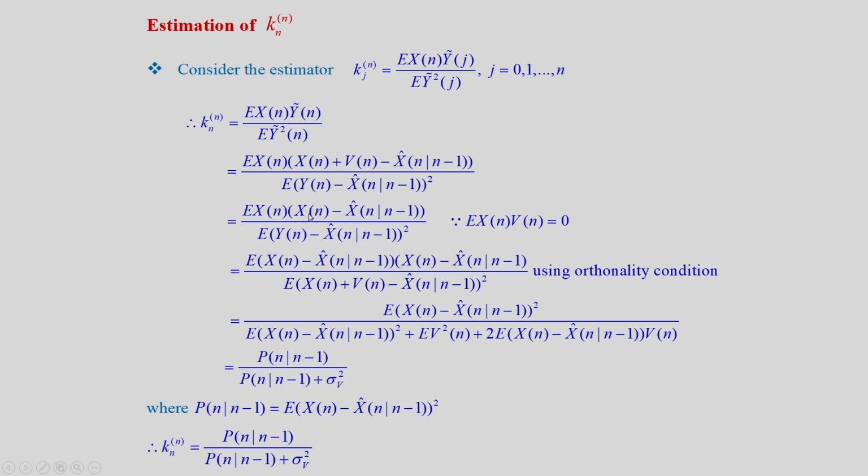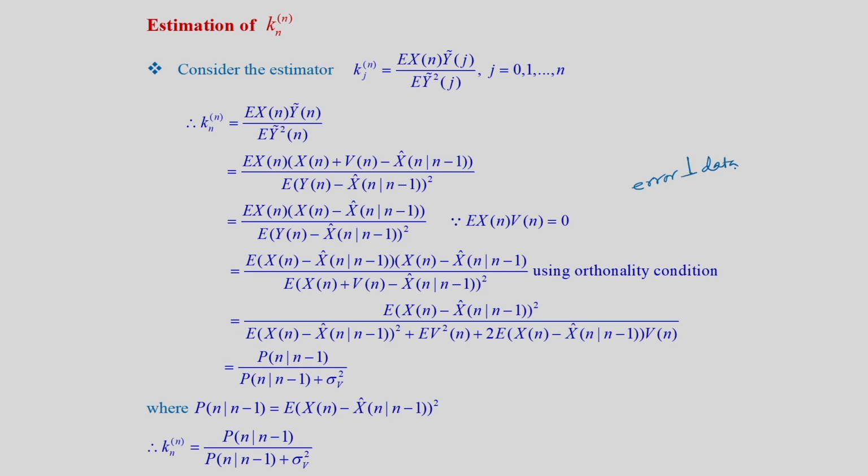So, instead of this expression, now we can write this as E of (x_n minus x hat n given n minus 1) times (x_n minus x hat n given n minus 1). This is the result we got because of the relationship that error is orthogonal to data.